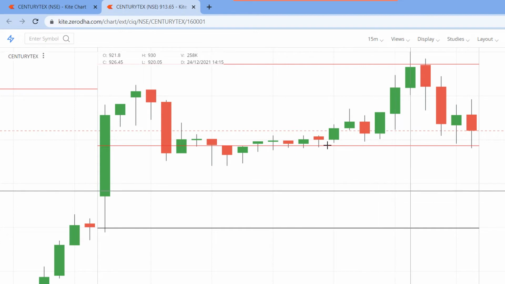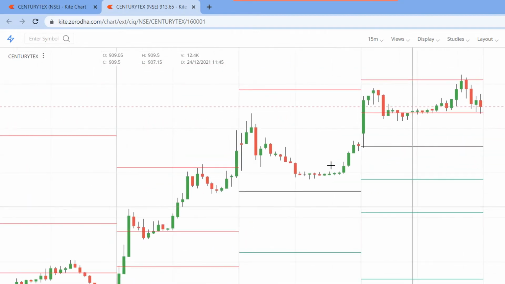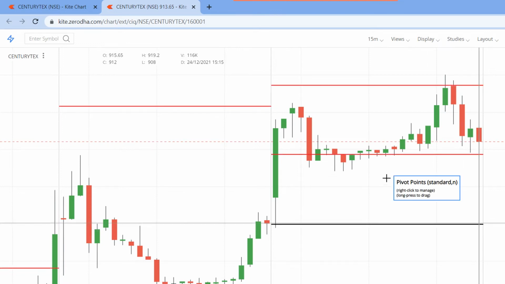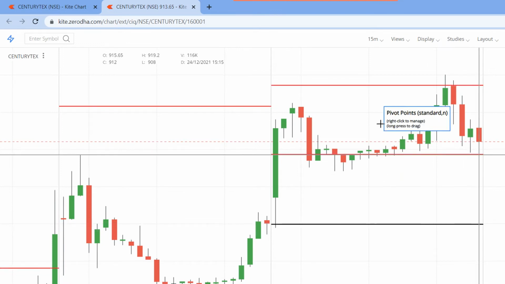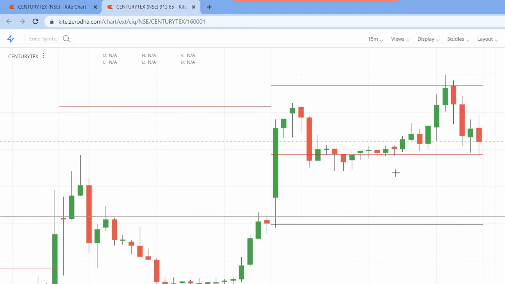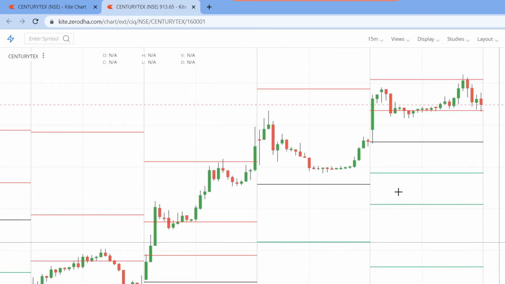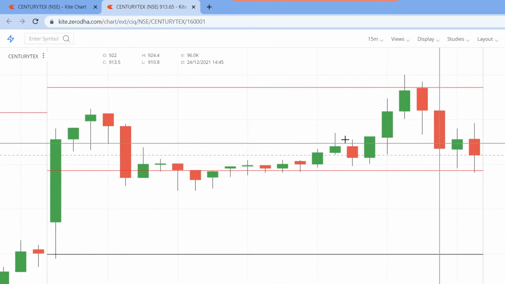Once we apply this, you get something like this, right? You have the central line, which is the black line, and then you have the resistance lines. Likewise, below the central line, you have the three support lines. So this is the first indicator you have to apply.